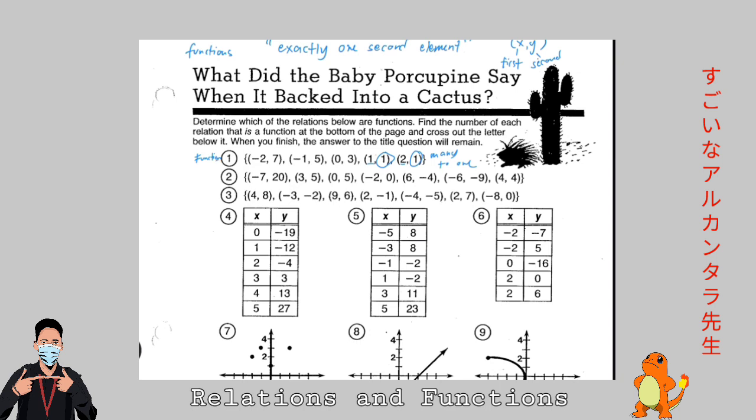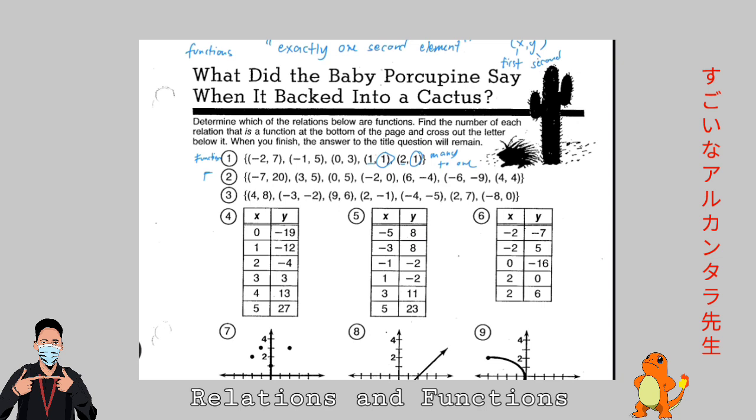Next we have (-7, 20), (3, 5), (0, 5), (-2, 0), (6, -4), (-6, -9), (4, 4). This is also a function because, as you can notice, there is no one element corresponding to many elements.